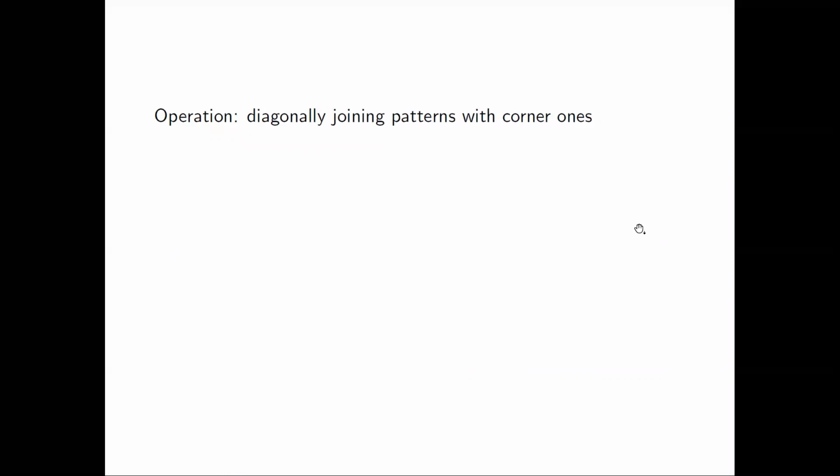So before we get to the end of this video, let's discuss one more operation that allows us to show that a more complicated 0-1 matrix has an extremal function which is on the same order as a much simpler matrix, like the operations that we just discussed. So we started with simpler matrices.